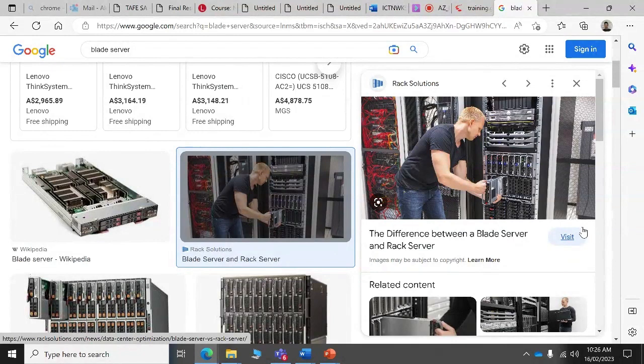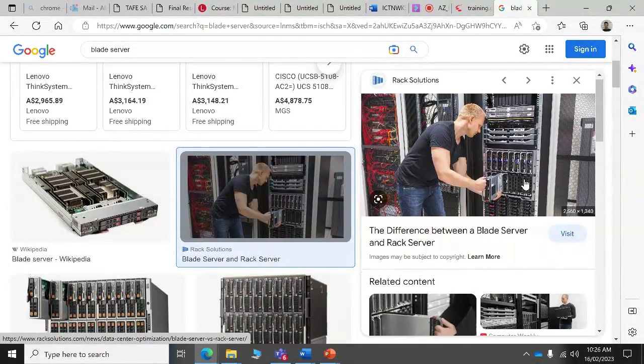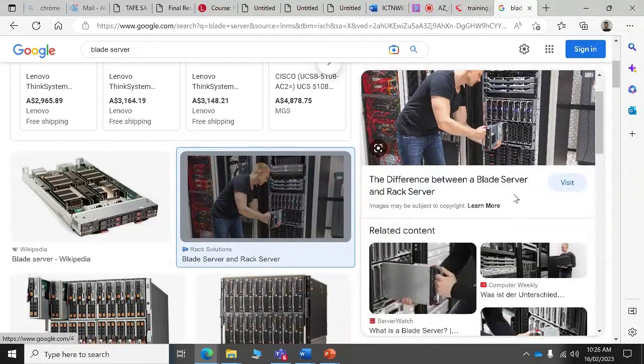Each server has CPU and memory, but no storage. Remember, the storage is that shared storage, isn't it? So all of these could be virtualization hosts. That's what a blade server's real intention is, because we need lots of CPU, lots of memory, lots of networking, but really we don't need much storage. So that's a blade server.